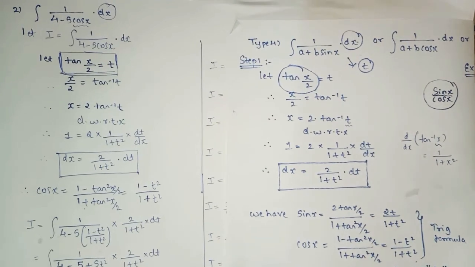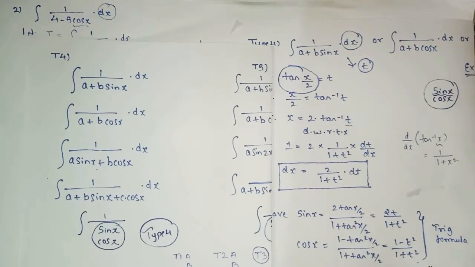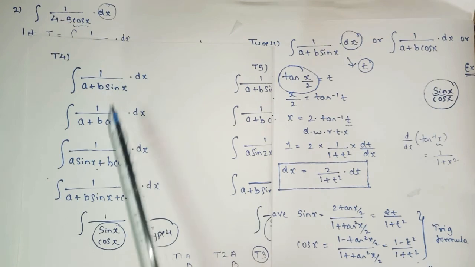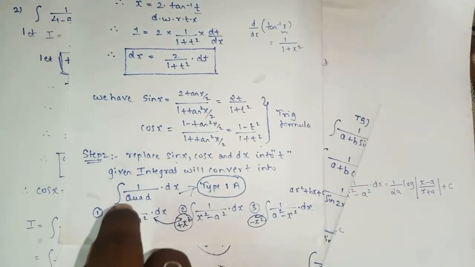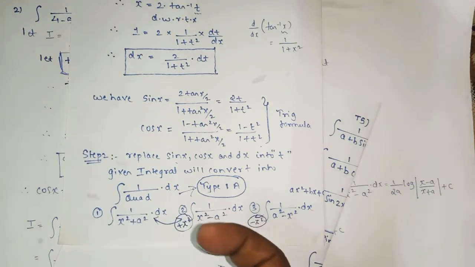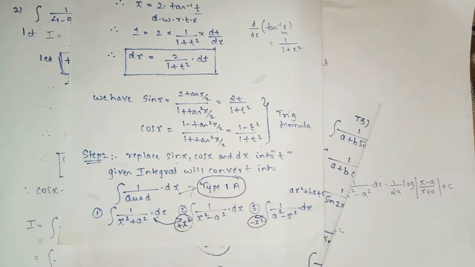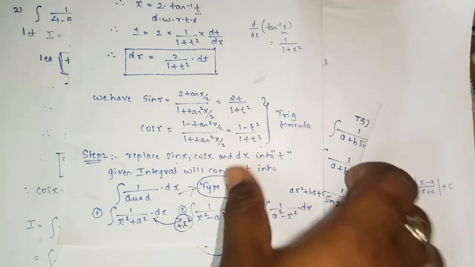The step number 1 and 2 will be fixed. And in all the cases, the integral at the end will get converted into 1 upon quadratic only, yes or no? We know what is 1 upon quadratic and how to solve 1 upon quadratic. And remember this 1 upon quadratic as type number 1a.